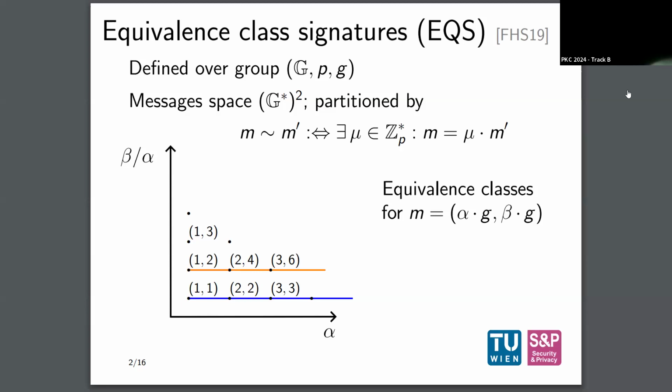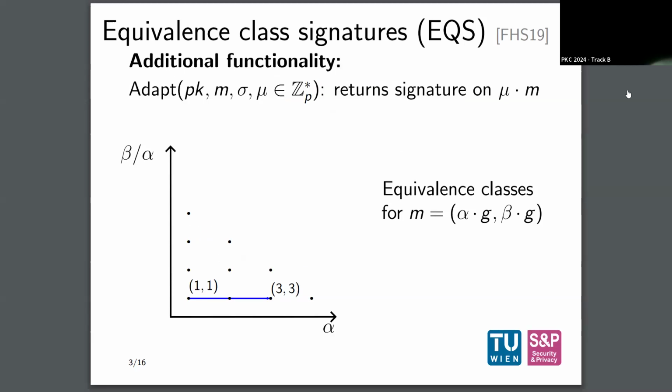Okay, but if you have a signature scheme and you just partition the message space, you still end up with a signature scheme. So what's the point of doing this even? The point is that we also have an additional functionality, the adaptation functionality, which takes the public key, a message, a signature, and some factor mu. What it does is, if the signature is valid on the message, then it returns a new signature where the new message is mu times the old message.